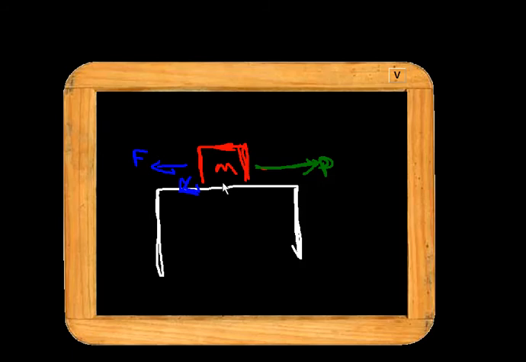Now the angle of friction, as I told you in the earlier class, is the angle made by the limiting friction on the normal reaction. So this is the normal reaction, perpendicular to the surface of contact of the object, and this is the force of friction. So this is the angle of friction.